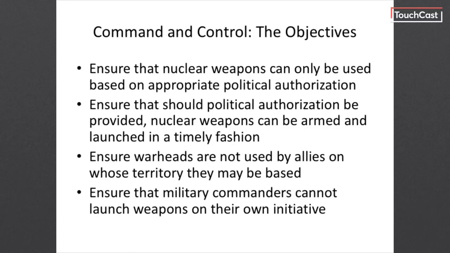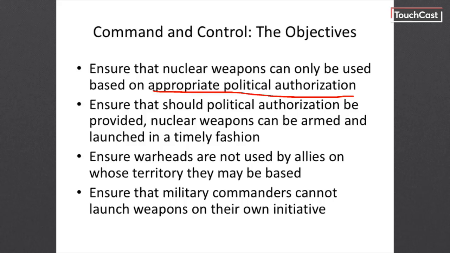Okay, let's look at nuclear command and control now. So there are a number of objectives with respect to nuclear command and control systems. The first objective is to ensure that nuclear weapons can only be used when there is an appropriate political authorization to do so. Obviously, we want that to happen because we want to make sure that only those authorized, only those who are political leadership, the highest levels of political leadership, can launch nuclear weapons.